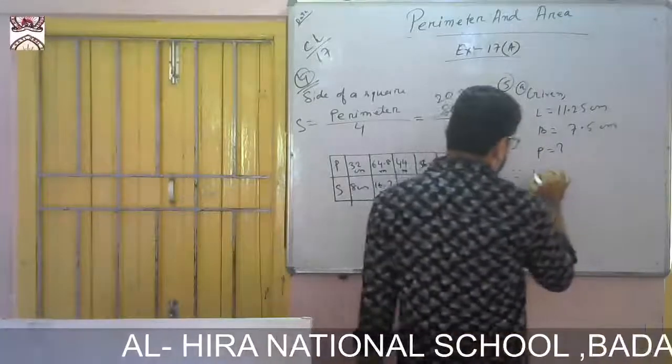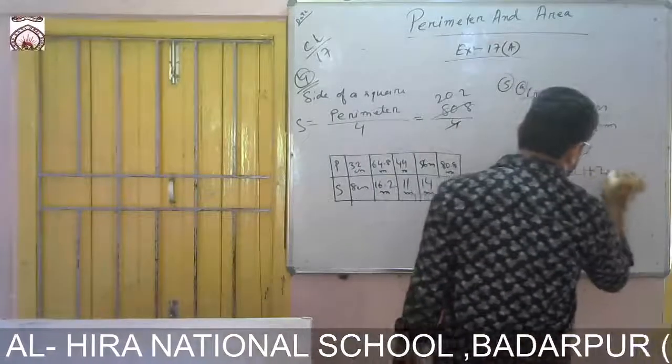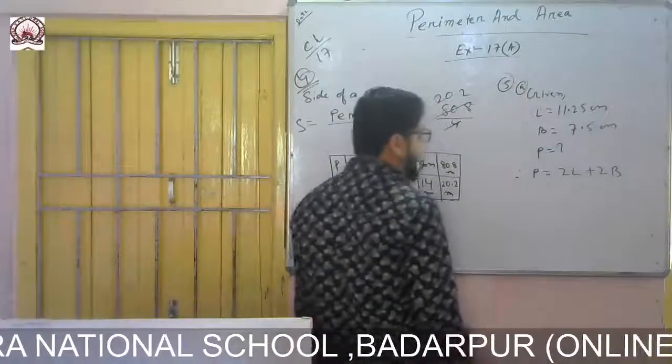Therefore perimeter equals 2L plus 2B, because we need to find it for a rectangle.